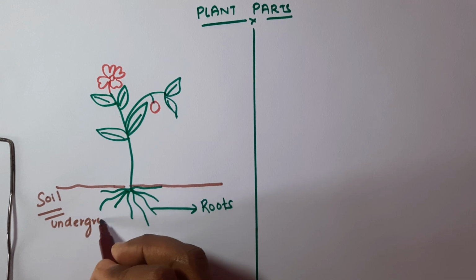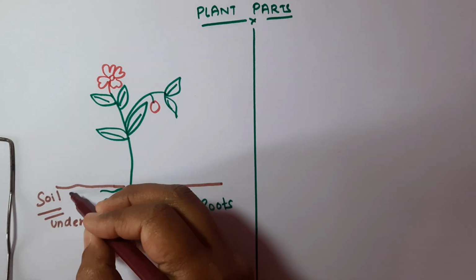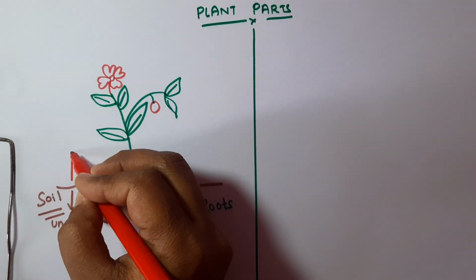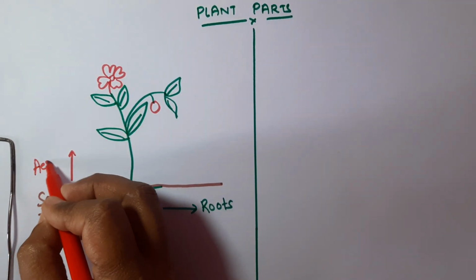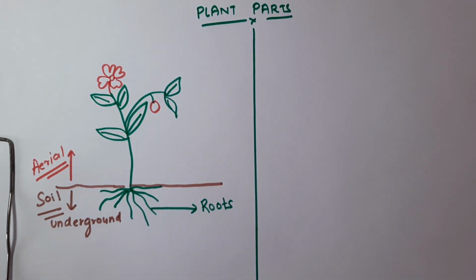And I will just draw the arrow showing it is below the soil level. The portion of the plant that is above the soil level is known as the aerial part of the plant, because aerial means it is in the air. So the roots are underground.